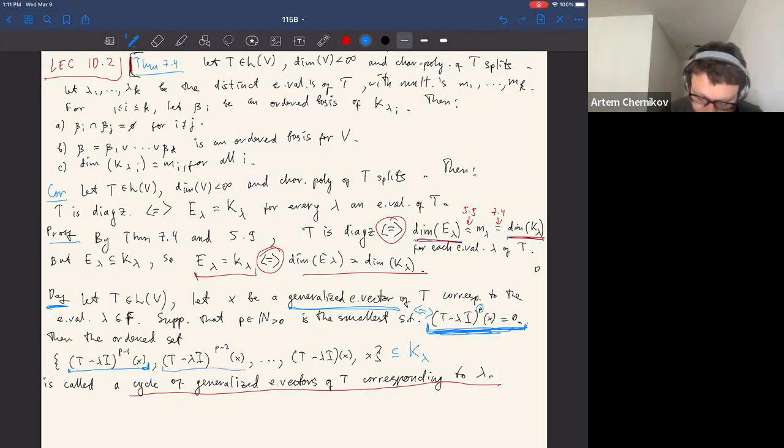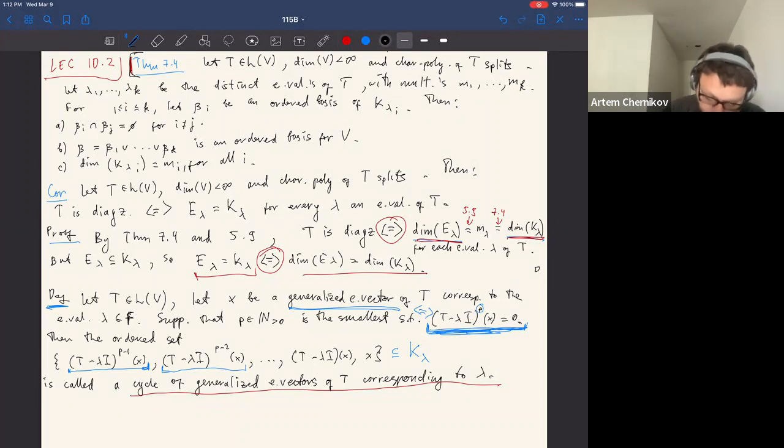Similarly for this one, we have that (T - λI)^2 applied to this vector is equal to 0, etc. So each of these vectors is in fact in K_λ. Yeah, so they're all generalized eigenvectors. That's why in the name we have that this is a cycle of generalized eigenvectors. And they're all obtained by applying the operator again and again, p minus 1 times. Okay, so this is just a definition.